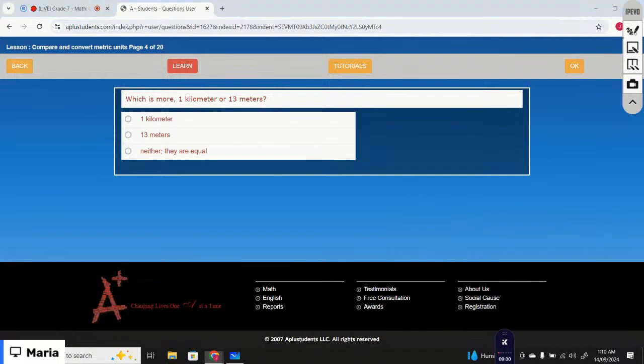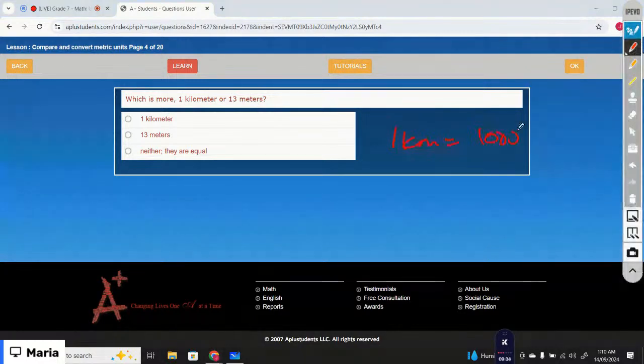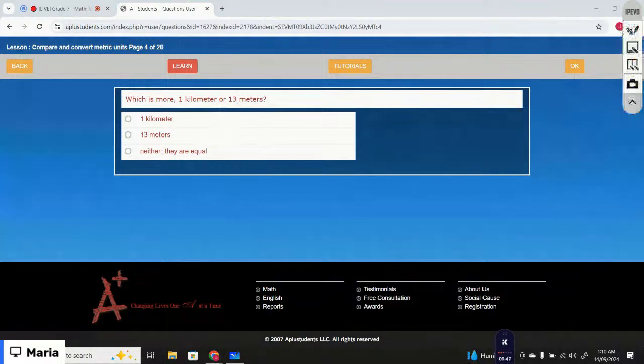So which is more? You have 13 meters here and 1000 meters here. So obviously 1000 meters is more, right? The correct option is 1 kilometer is more than 13 meters. Option number 1 is the correct option.